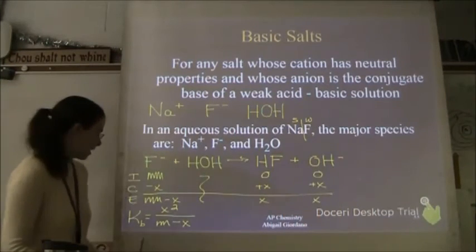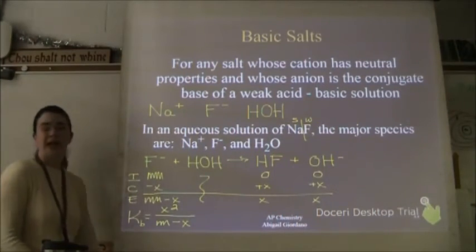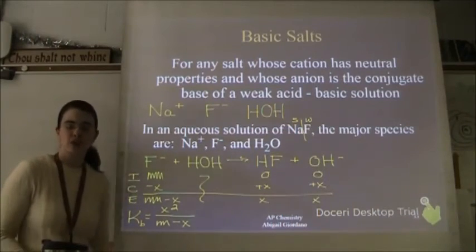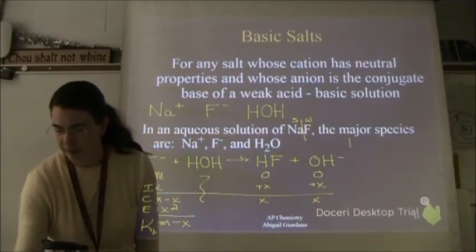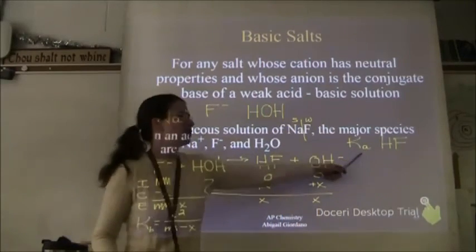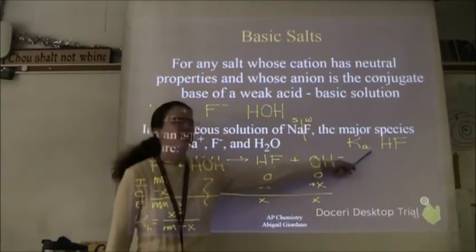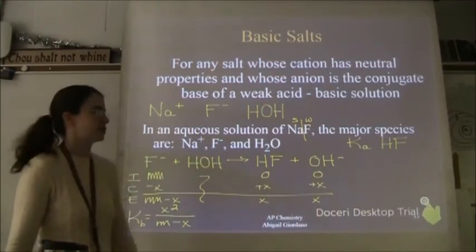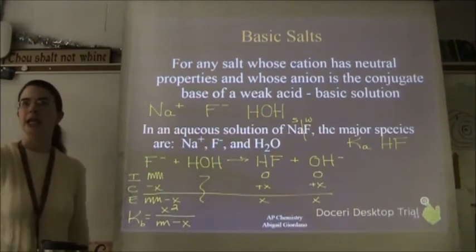Maybe I don't give you the Kb for F minus. Maybe I give you this, the Ka. And I know what you're thinking. Well, that's really helpful, Miss G. That's completely not what I need.